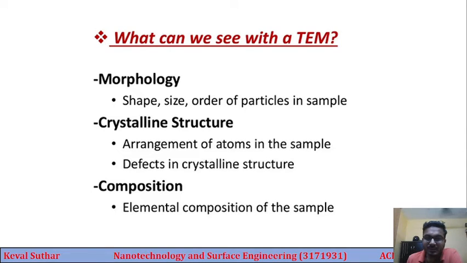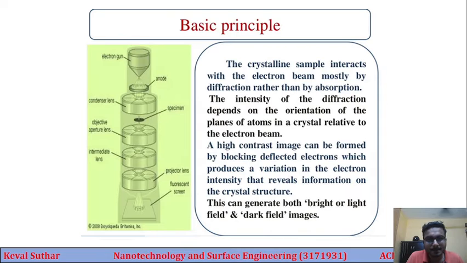Then we can have crystalline structure, that is the arrangement of atoms in the sample, as well as defects in the crystalline structure. The third thing that can be known through this method is the composition of a material, that is, the elemental composition of the sample. So these are the 3 things that can be checked using transmission electron microscopy.